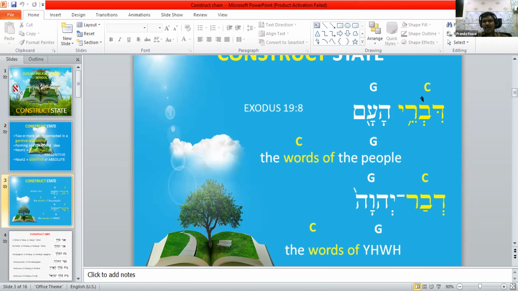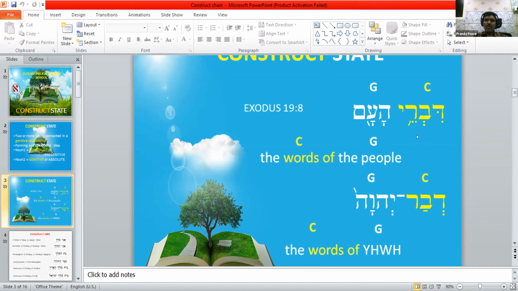So this yellow color, divre, is in construct state, whereas this ha'am is in genitive, absolute state, which is also called genitive. So remember, C stands for construct, G stands for genitive or absolute. So divre ha'am, the words of the people.